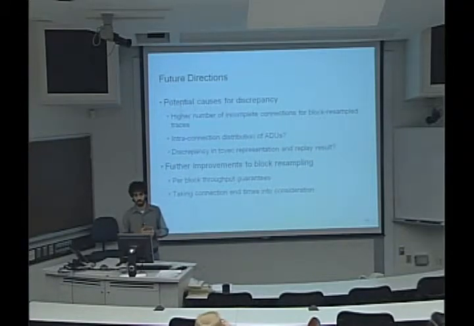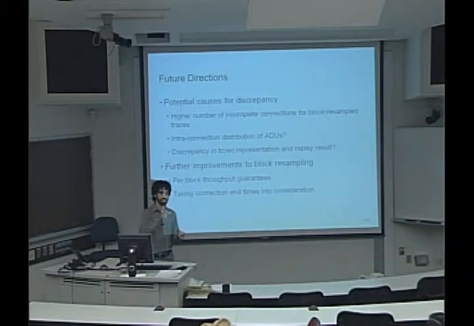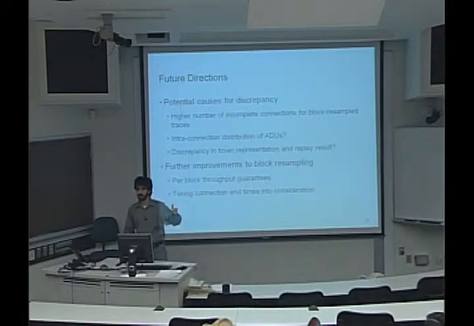But one thing that is suspect is that in the original block resampling, the allocation of connections into bins depends only on their start time. If you take a connection that lasts 10 minutes and put it in the first block, and your block duration is only 30 seconds, it's going to span multiple blocks, and block resampling doesn't take that into account at all.